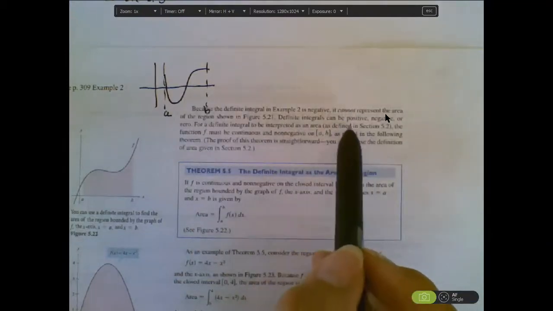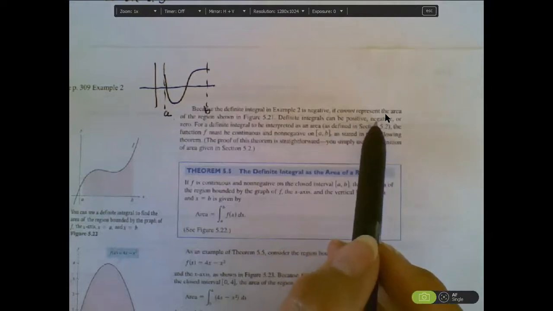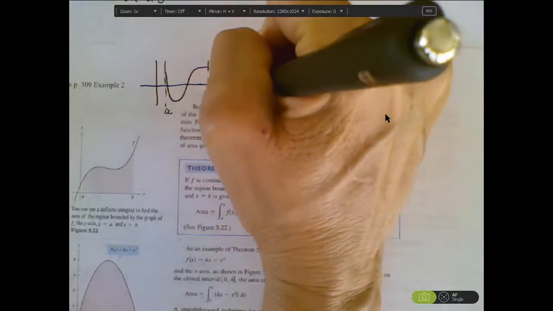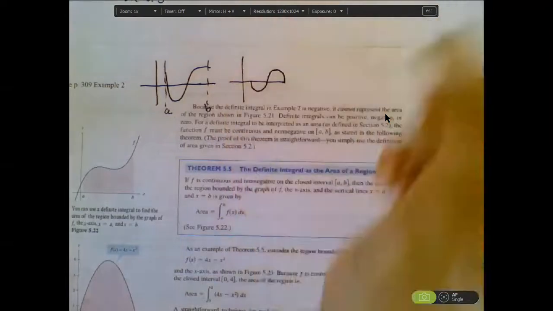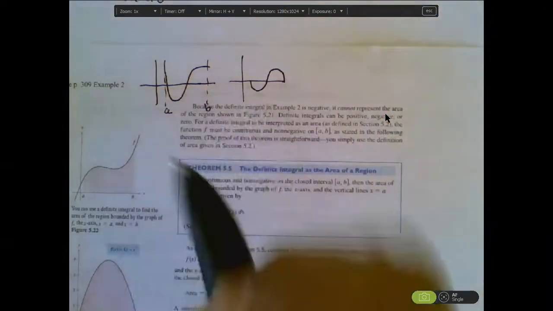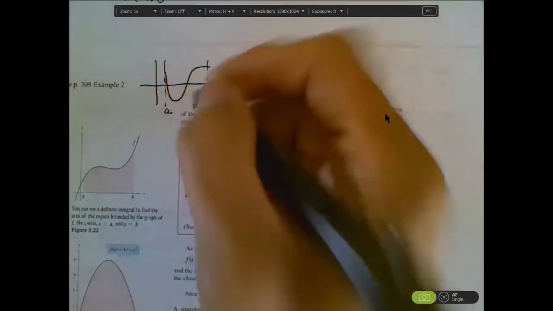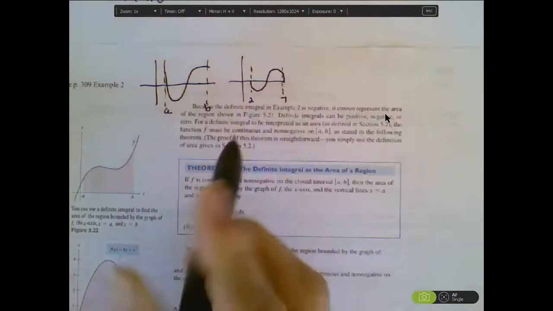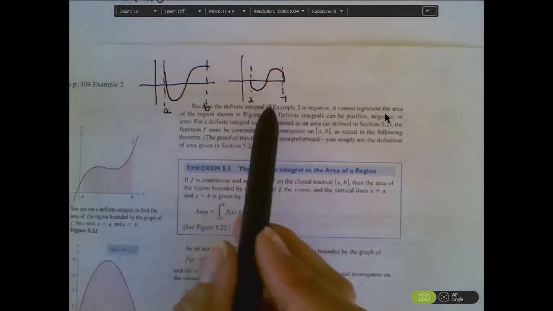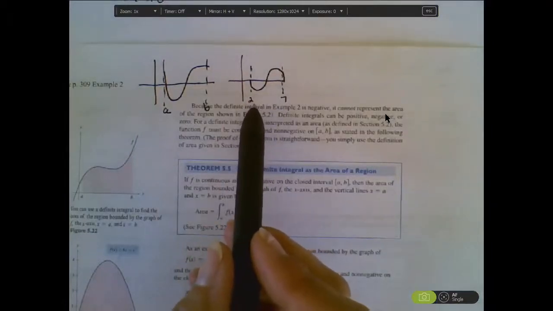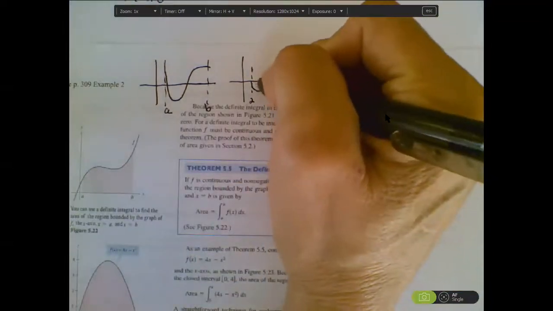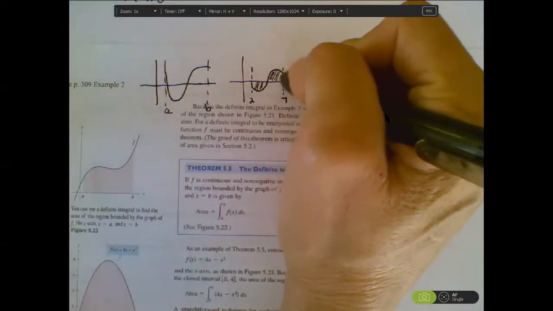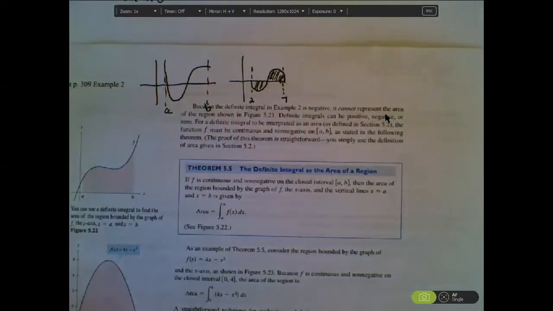Actually, definite integrals can give you a positive number, a negative number, or 0. If you had the exact same amount of area below the x-axis as you had above the x-axis, and you integrated from, let's say, 2 to 7, then the value of that definite integral would turn out to be 0, because the area below the x-axis is the same as the area above the x-axis, and they cancel each other out.